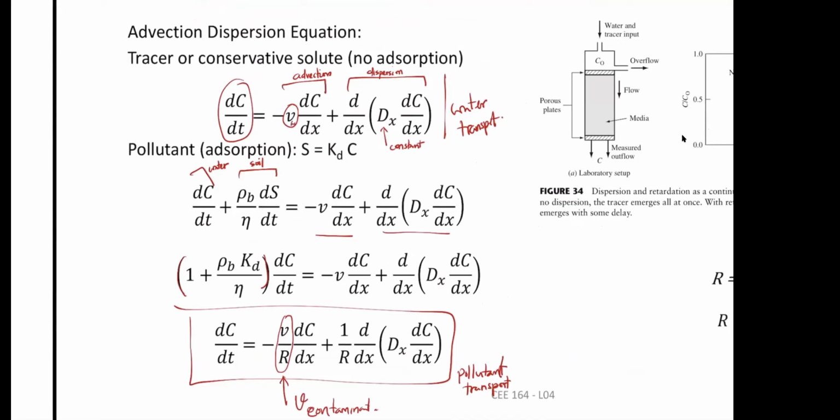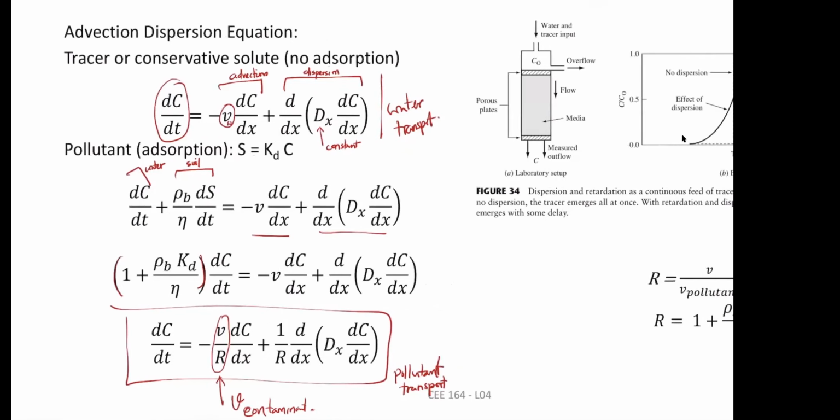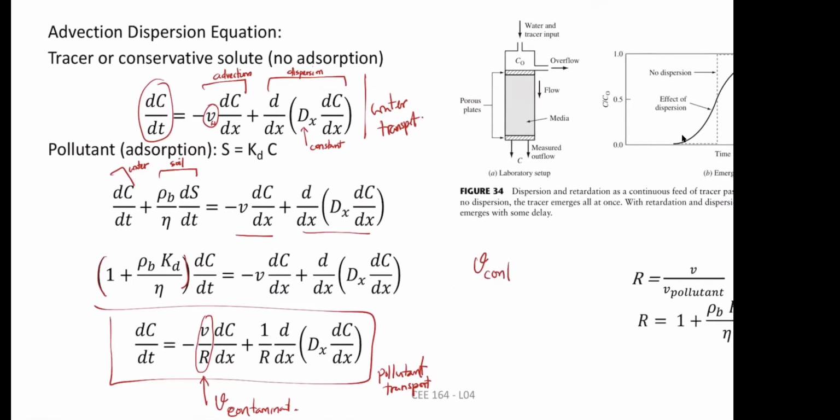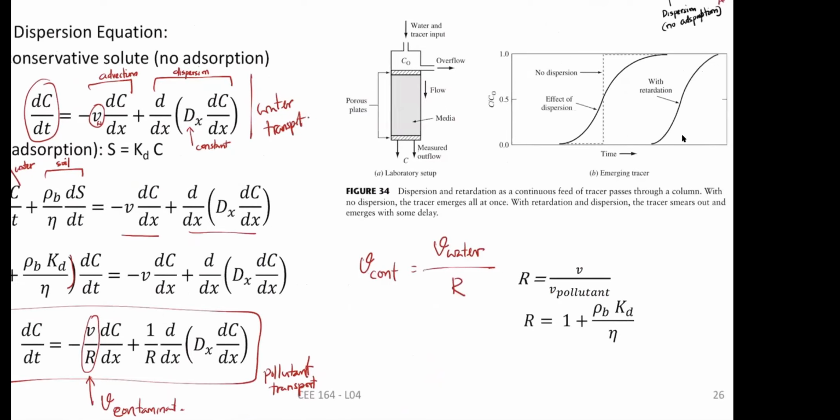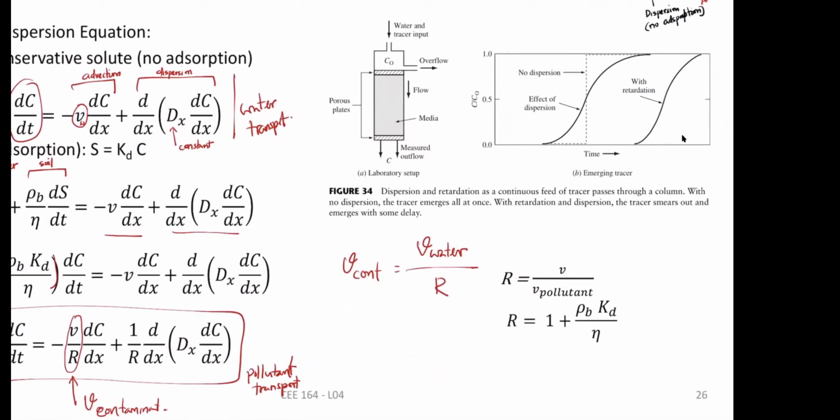This term is the velocity of water, so this entire term must be related to the velocity of pollutants, if you compare equivalents. So that's why we now say the velocity of contaminants is the velocity of water divided by retardation, which is because of adsorption. If you rearrange this one, R equals velocity of water divided by velocity of contaminants.